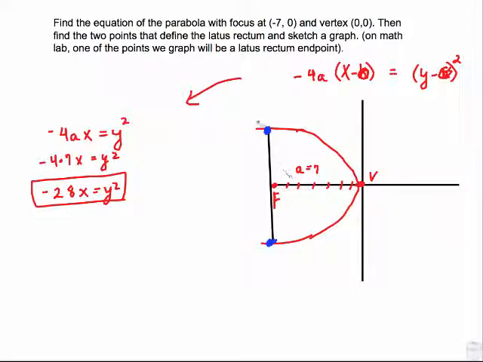We're facing to the left, so this is negative 7, because we're going to the left side, and so is this one. All I have to figure out is the y values, and we know from the previous that this is 2 times a, which is 2 times 7, which is 14. So this is up 14, this is down 14. So those are the points that define the latus rectum.